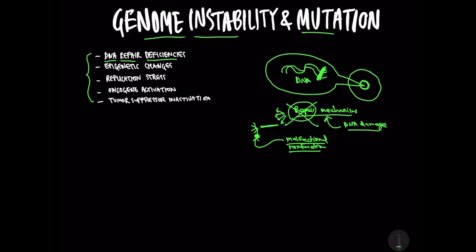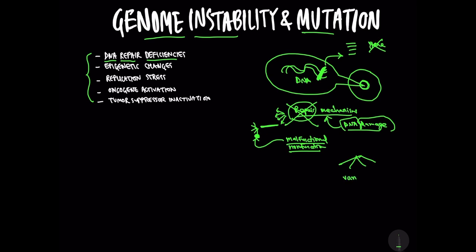And depending on the type of the mutation, so there are many different mutation types, or DNA damage types, and depending also on the specific gene that is mutated, there can be various different outcomes.